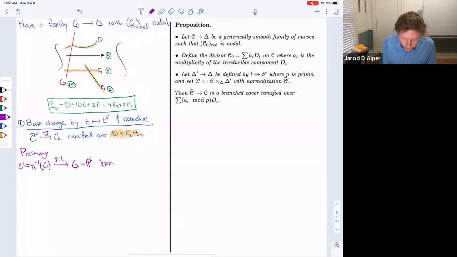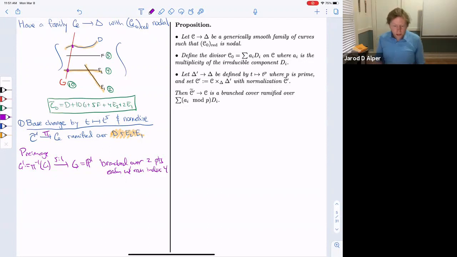And we see that it's branched over, well, where does it intersect the ramification locus? It's at 2 points. So it's branched over 2 points, each with ramification index maximal, so 4, 5 minus 1. And this allows us to compute via Riemann-Hurwitz what G prime is.